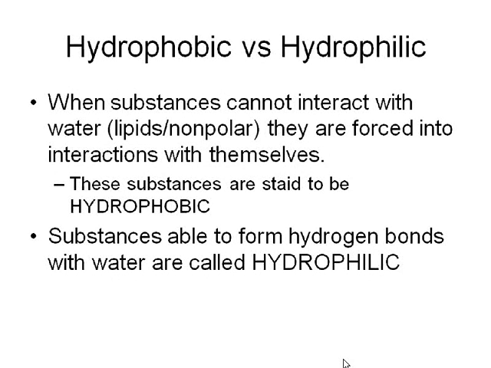Salt. Salt, sugar, anything you pour into water, you stir, it dissolves. That's a hydrophilic substance, also called a polar substance. Okay? It loves water, it interacts with water. Again, the way to tell if something is hydrophilic, if it easily dissolves in water, it's hydrophilic. Okay? If it won't dissolve in water, it's hydrophobic.